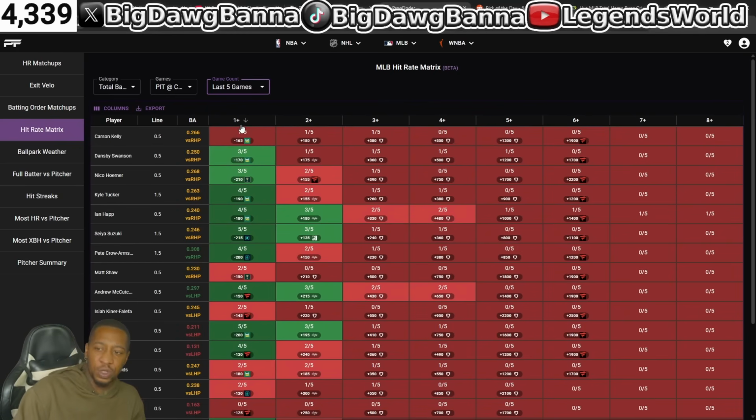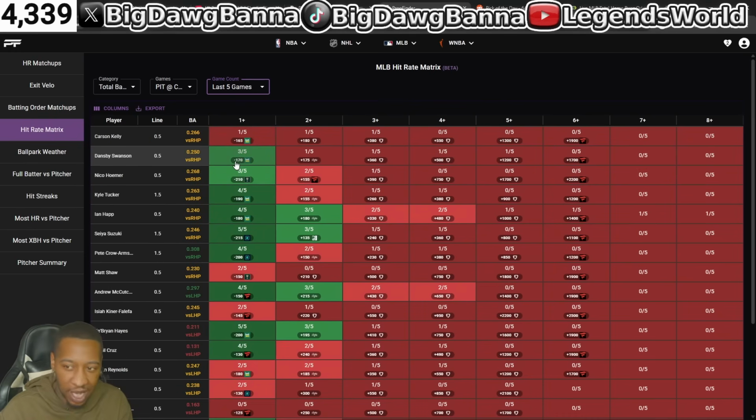Now, if you notice, you see bright reds, bright greens. The odds itself, like say this minus 170, has an implied probability. Minus 170 has a probability, whatever that is, 60%, 65, whatever. The hit rate, 3 out of 5, if it's green, the probability of his actual hit rate is higher than the implied probability of the odds.